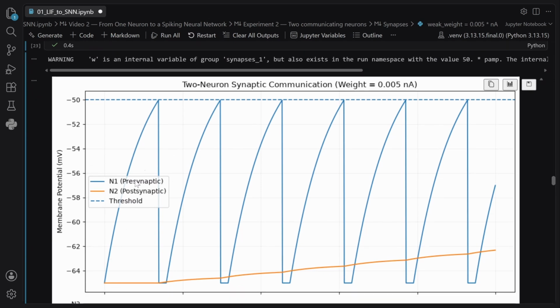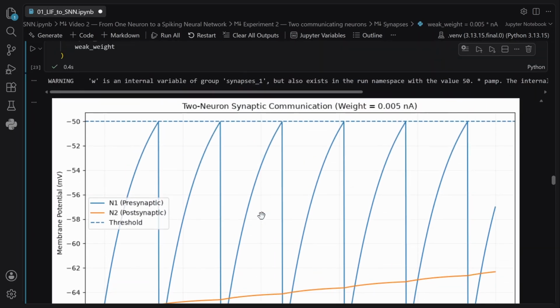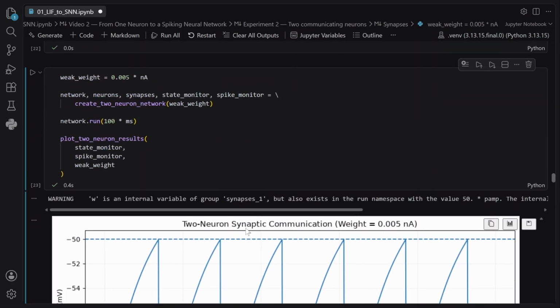So membrane potential of neuron 1 is rising slowly, and neuron 2's membrane potential is rising, but it never reaches the spike. So we only see spikes of the first neuron, the second neuron never spikes. So again, I did not change anything, only the weight.